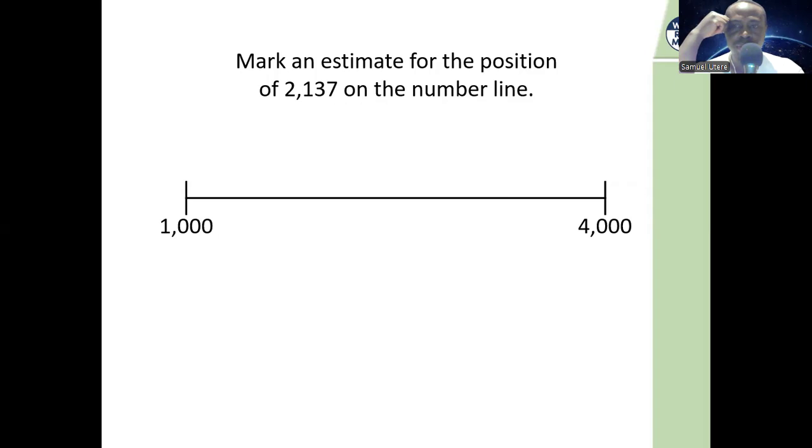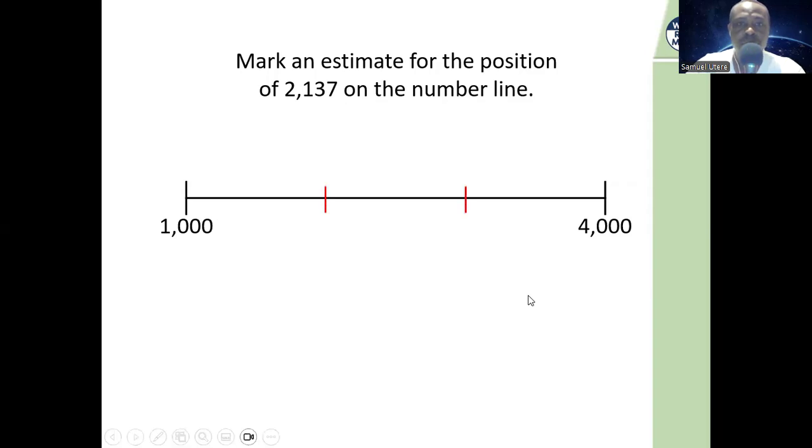What do you notice? Well, the first thing I notice is that the number line is not marked for us. So we're going to have to put some markings on there by ourselves. Between 4000 and 1000, the difference is 3000. Well, if we think about it, we can split 3000 into 3 equal parts, which means we can have 3 intervals between 1000 and 4000.